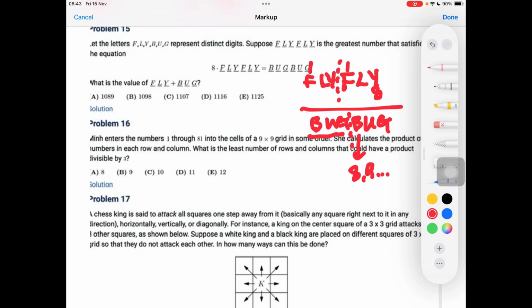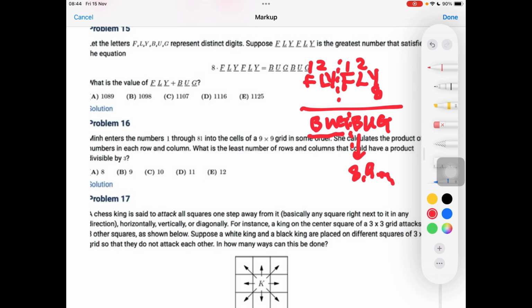So let's say B is already 8. If the product of L and 8 is a high number, we cannot have a carry of more than 1. So L should be 2 here. If we did 3, 3 times 8 becomes 24.